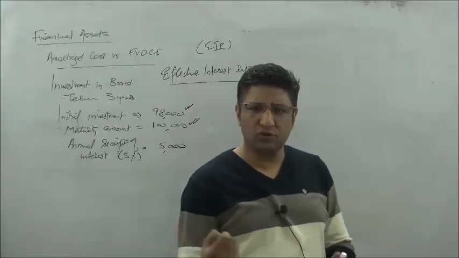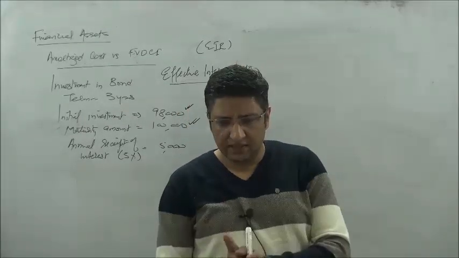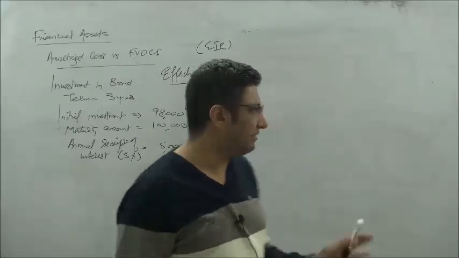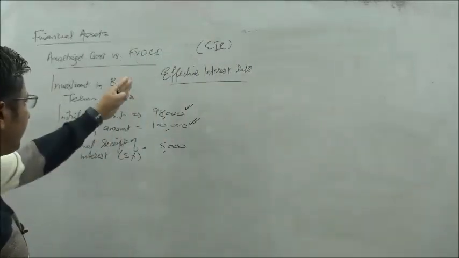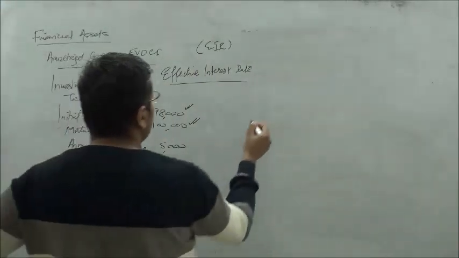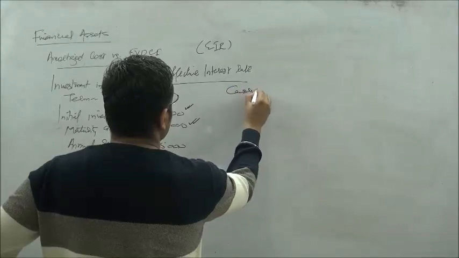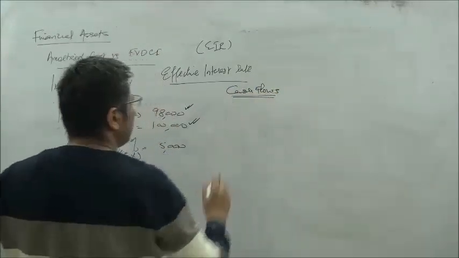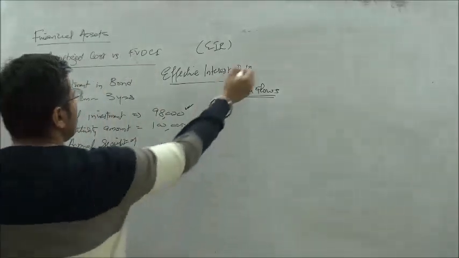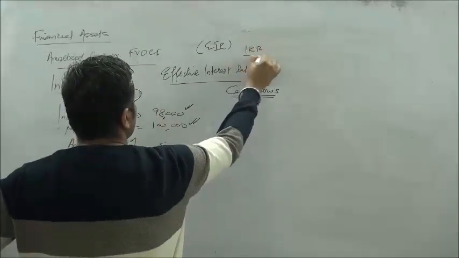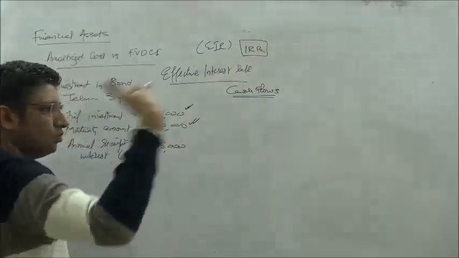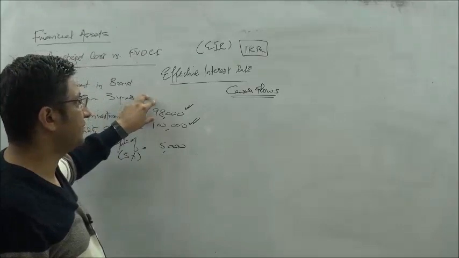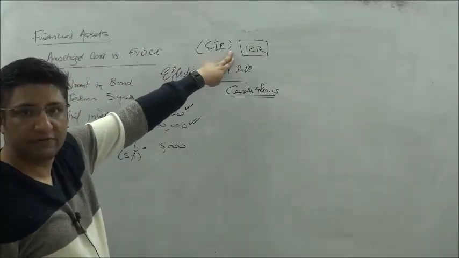But here we are just trying to use a very conventional approach where we look at the trial and error method, where we assess what my cash flows are, and if I were to discount those cash flows, what would be the discount rate at which those cash flows are equal to the present value of this amount, which is 98,000, right? That is something which is my internal rate of return.